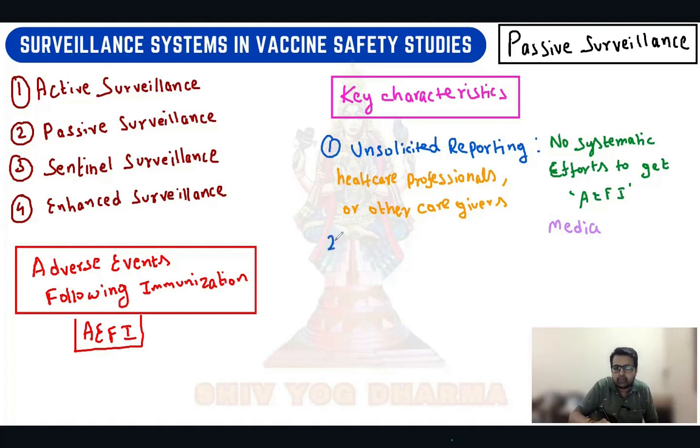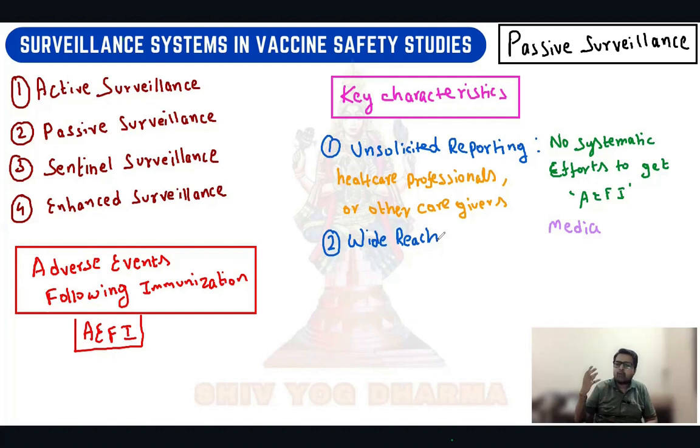Now, the most important aspect of passive surveillance is its wide reach. We can easily see that it can address the problem faced by active surveillance. Passive surveillance can very easily capture the rarest of the rare adverse events following immunization. Why is it so?